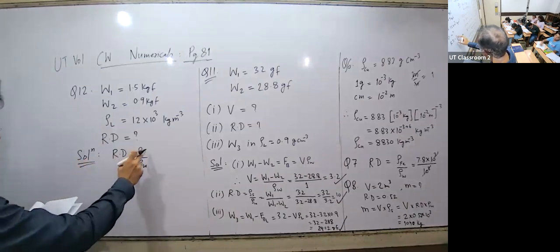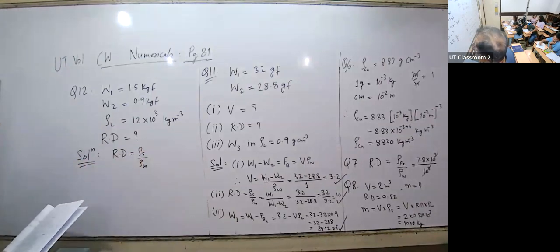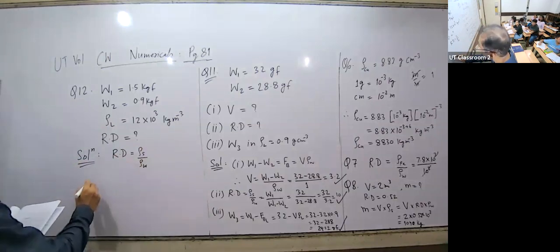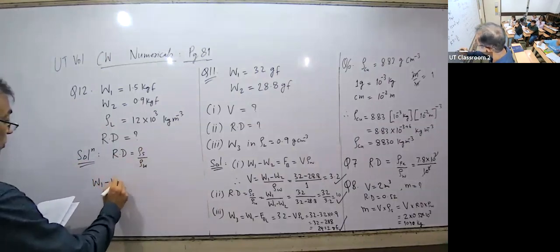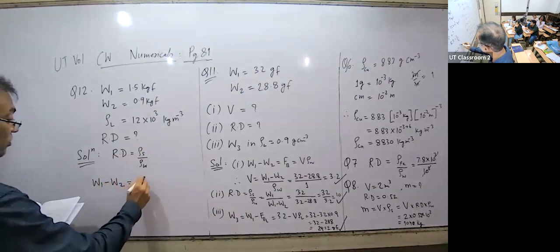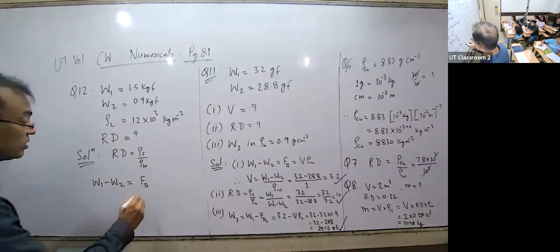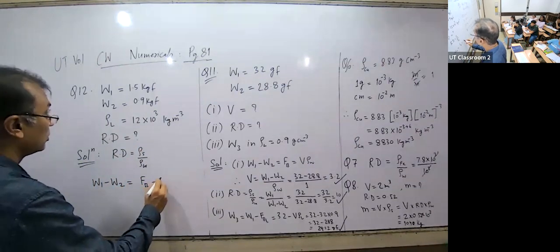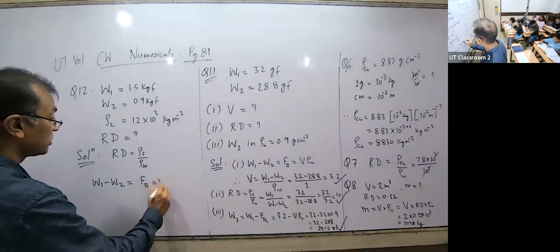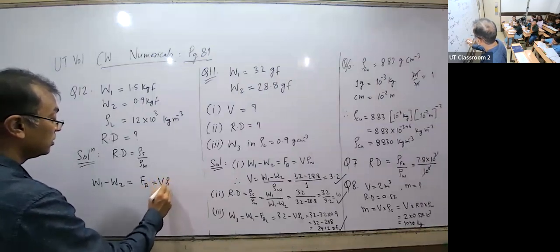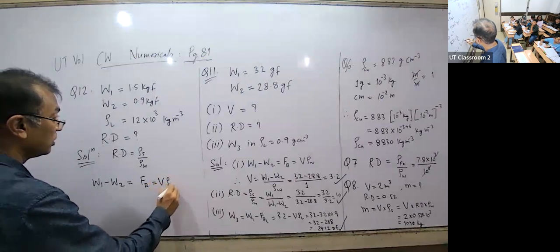तो density of substance ही हमको. एक मिनट. What is W1 minus W2? This is the upthrust. ठीक है? So what is upthrust? This is equal to volume of substance into density of liquid.